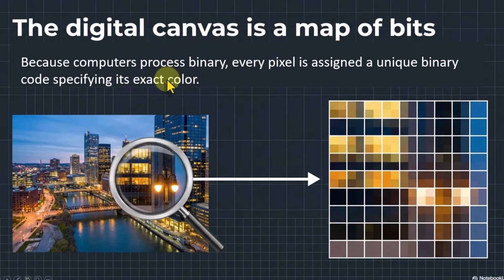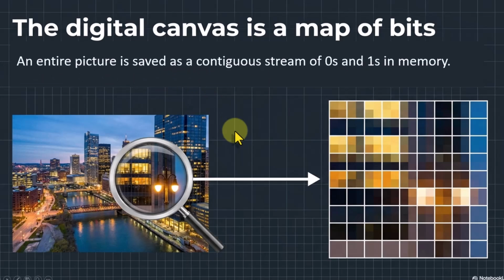So in showing pictures, we are changing different colors to binary and giving that binary of that color to different pixels. That is how it works. So an entire picture is saved as a continuous stream of zeros and ones in memory. A complete picture may be millions of zeros and ones in computer memory.